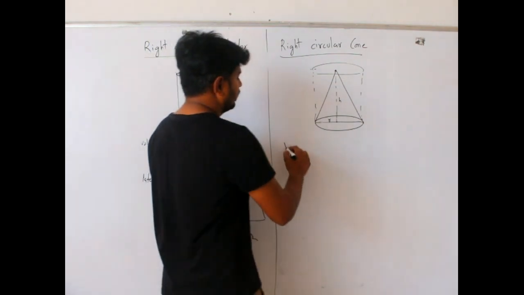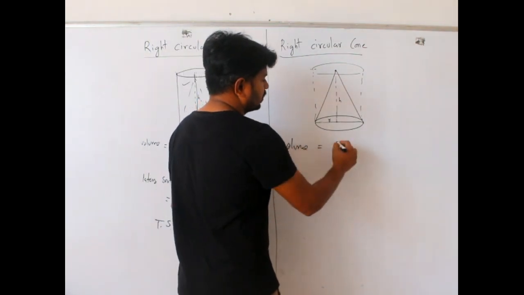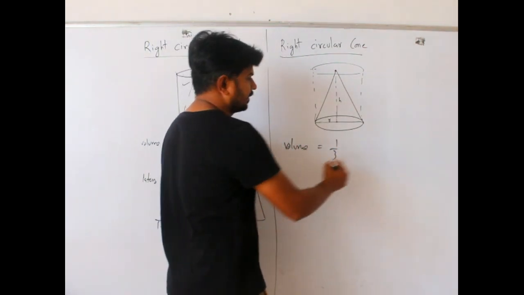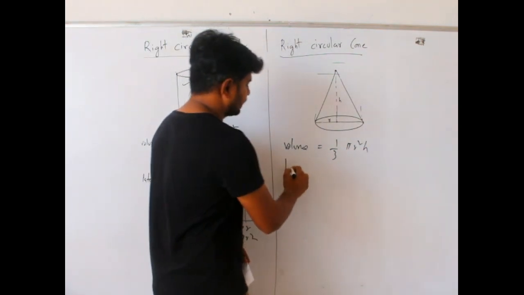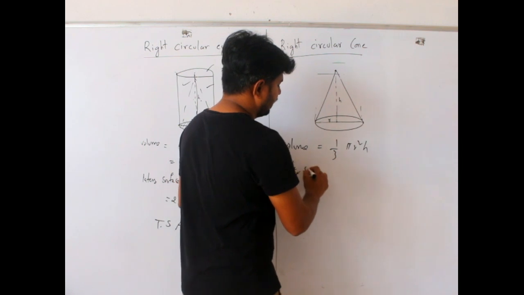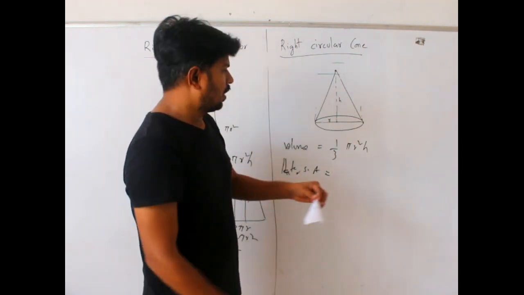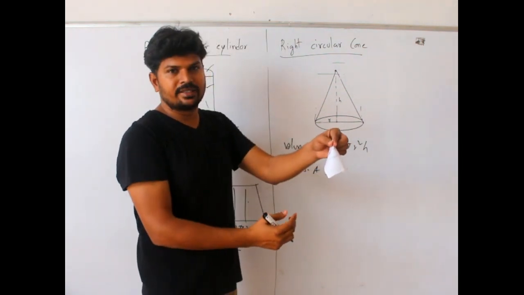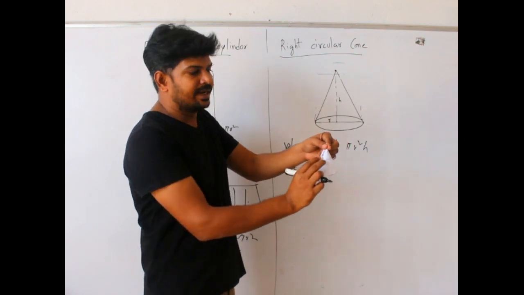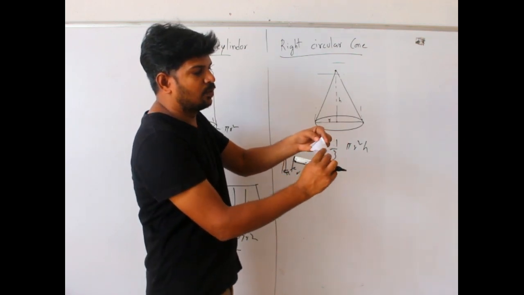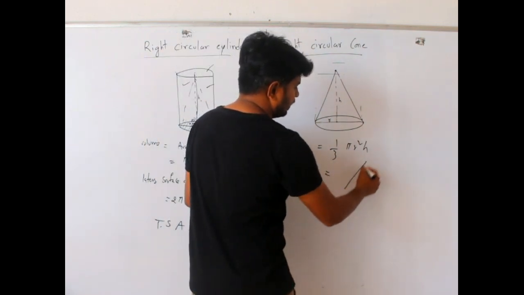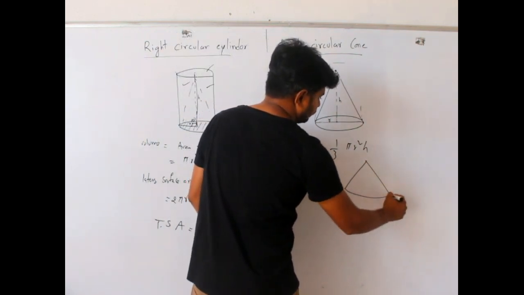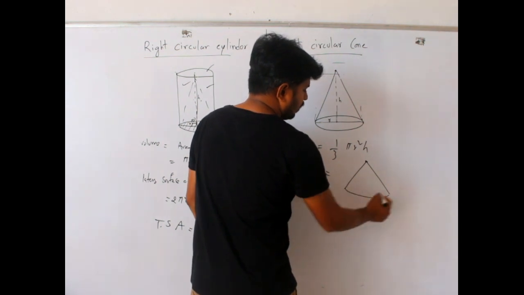So here the volume of the cone is equal to one third of what we have calculated here, pi r square h only. How to find the lateral surface area for the cone? Again the same procedure. If you have a cone like this, in order to find it in two dimensions, let's cut it at some place and move it like this. If you cut it like this, it becomes like an arc.